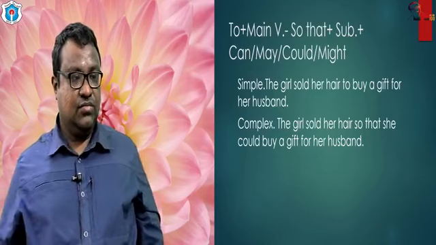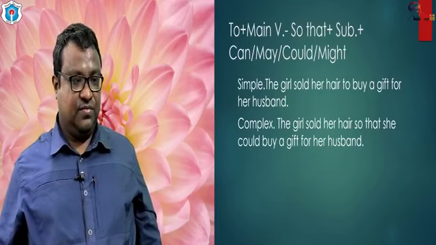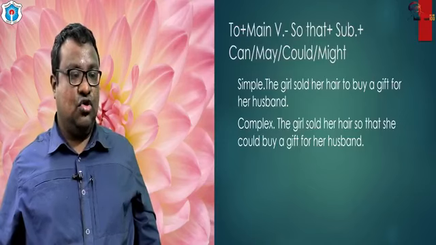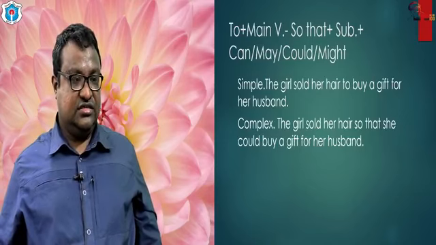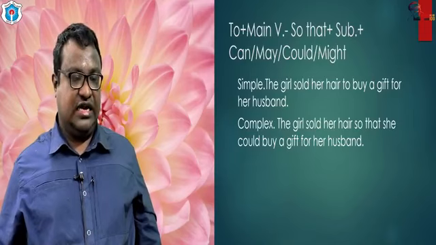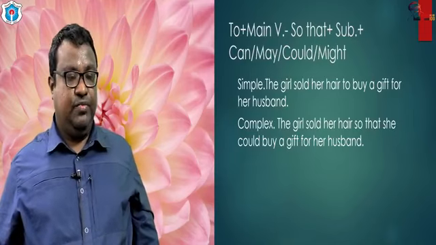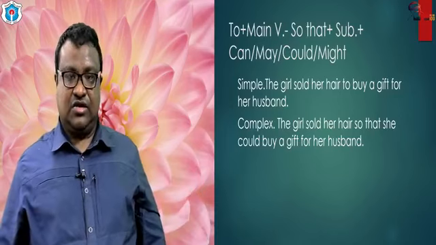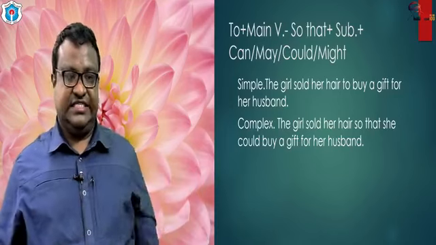Then "to" plus main verb. It will be like, the girl sold her hair to buy a gift for her husband. So the girl sold her hair, this is the principal clause, so it would be unchanged.